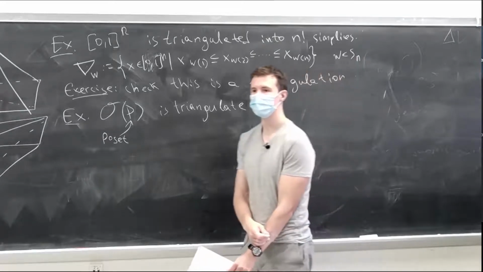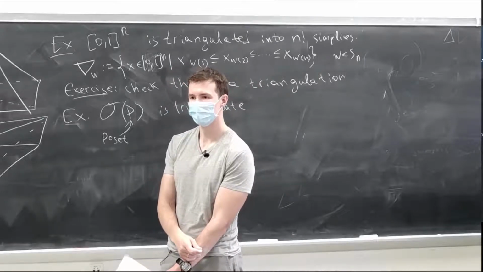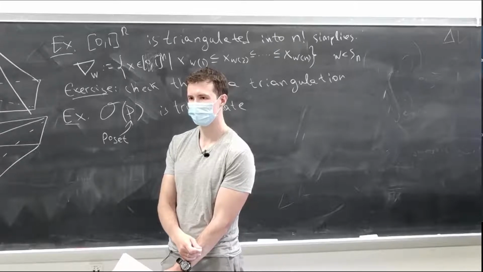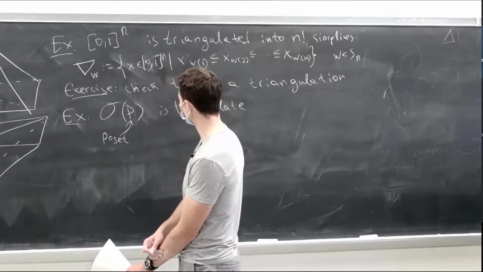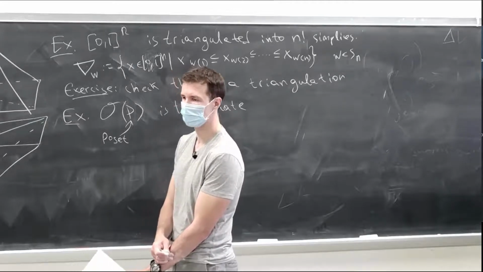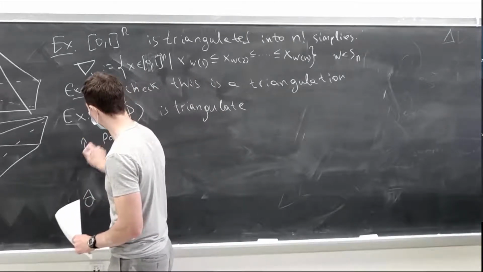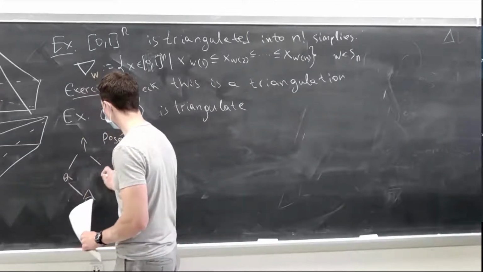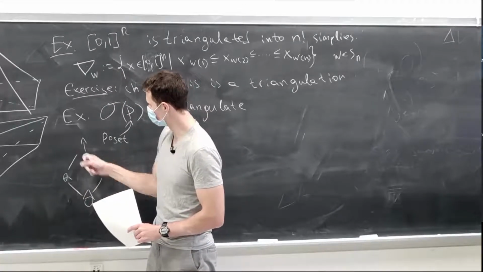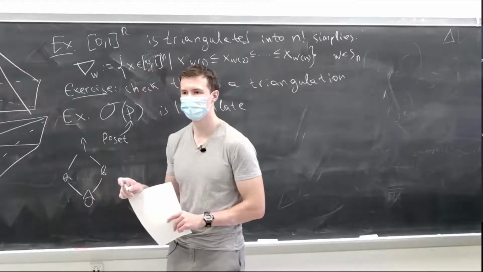Polytopes which correspond to chains in P. Okay, so maybe P is 0 hat, 1 hat, A and B. You're saying there are two chains, 0A1 and 0B1. And what are the corresponding simplices?